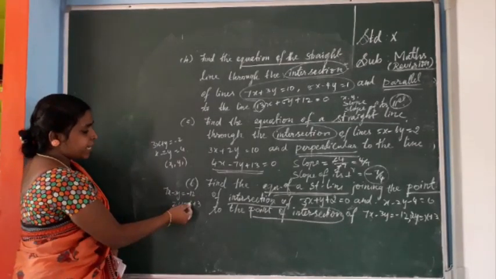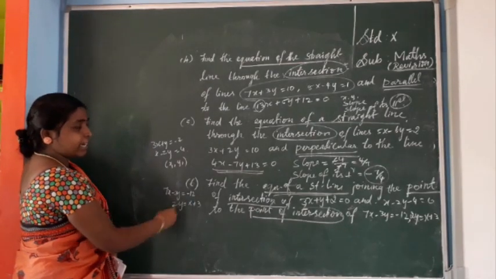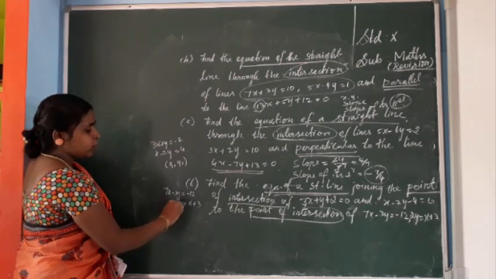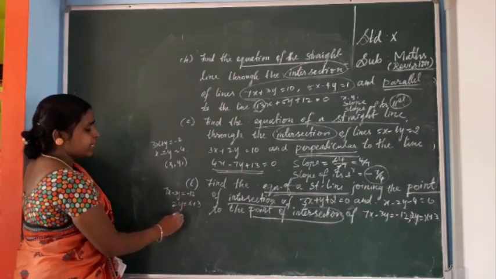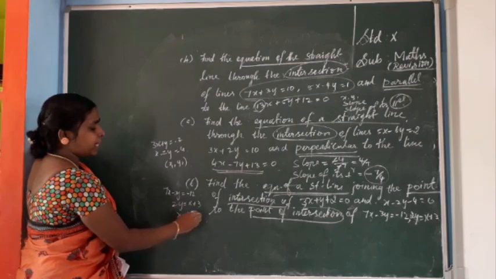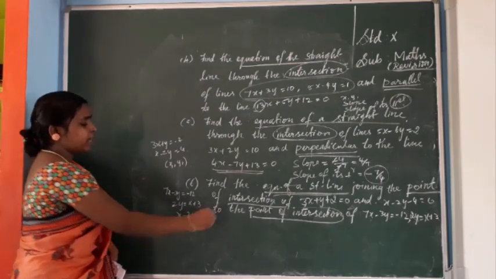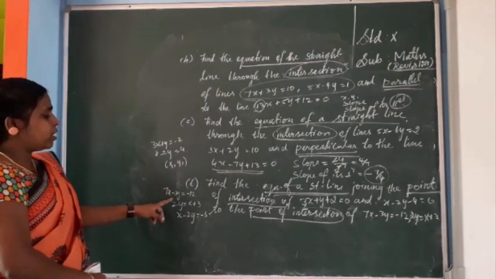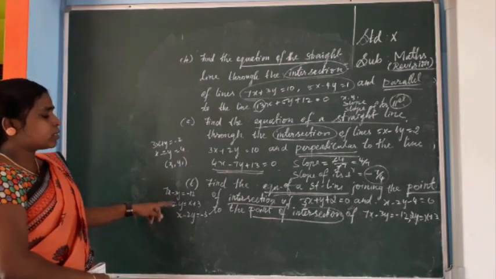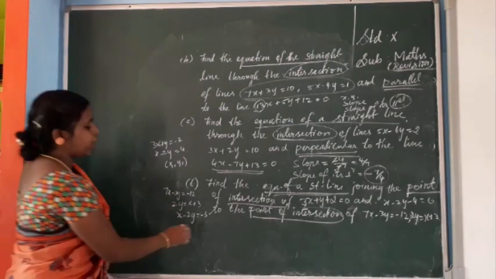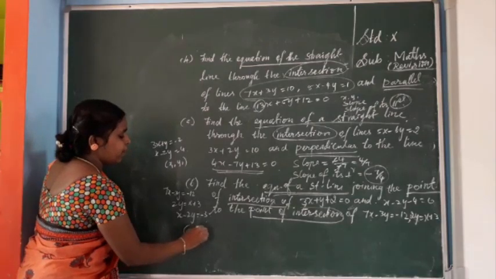Take x to the left-hand side and 2y to the right-hand side, so x minus 2y equals minus 3. Solve these two equations and we will get one more point, x2, y2.